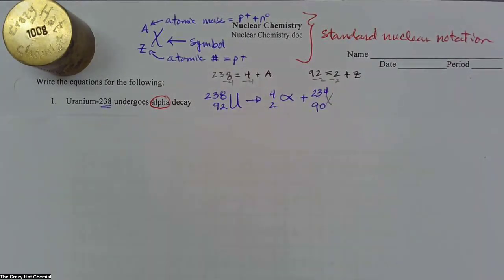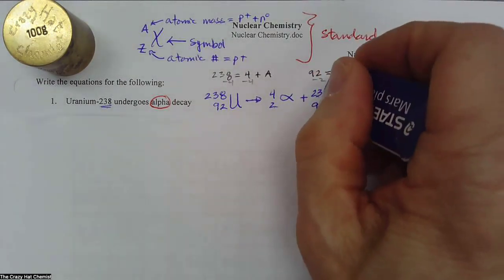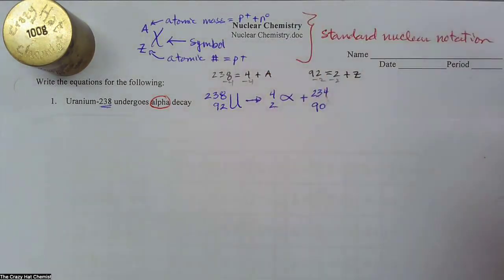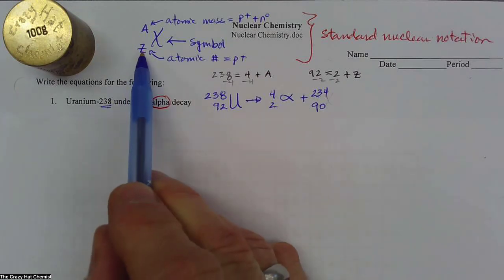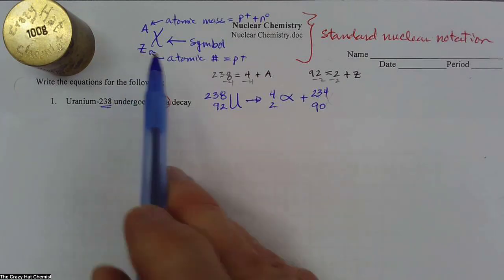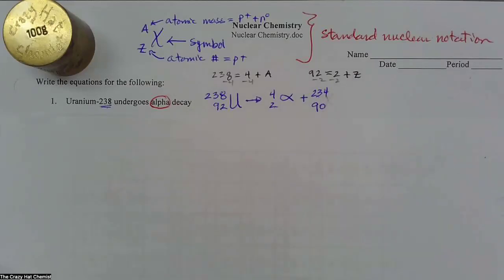Okay. Now what we're going to do is erase the x, and the x is going to be equal to the atomic number. The atomic number, if you recall, is the number of protons, and that identifies the element. If you have any doubt about this, you need to be looking at my atomic structure lecture series. Okay.